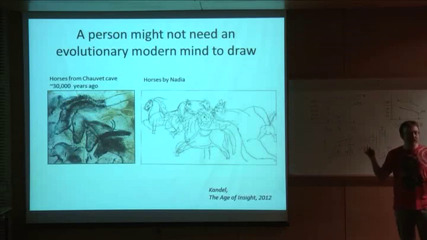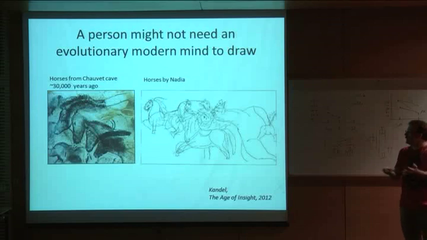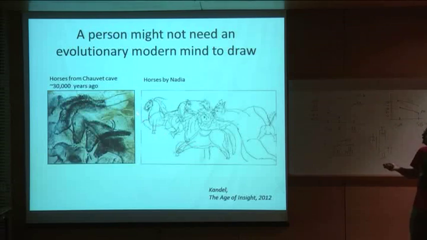They were like us in terms of the mind. But the fact that a child who could not speak, who didn't have any verbal abilities, still managed to draw such beautiful horses suggests that the mind of these prehistoric people was still evolving and was not mature yet.